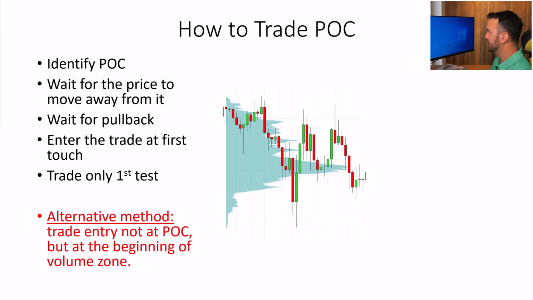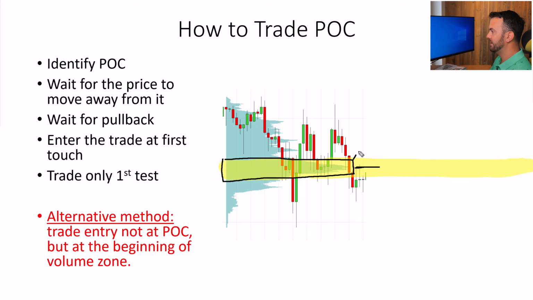Because the way I look at it is that the support or resistance is not just the point of control line, but it's the whole heavy volume zone where the point of control is. So in this case, this would be a whole support or resistance zone. Let me do a little drawing here. This is the whole zone, right? Support or resistance zone. Not just the point of control, but the volumes around it too.